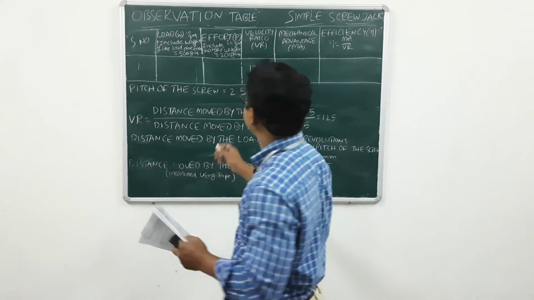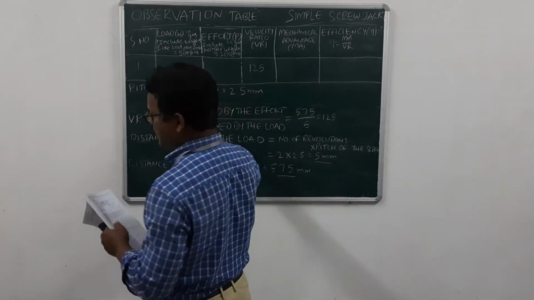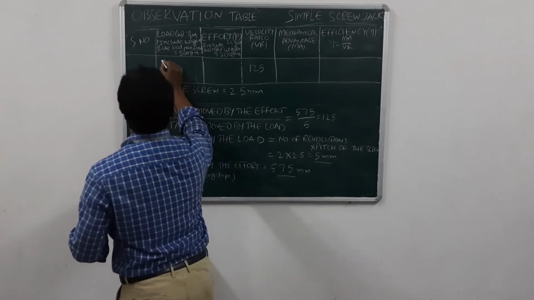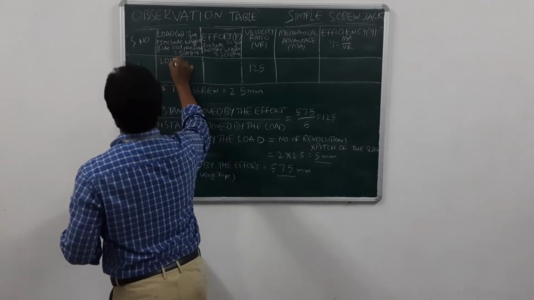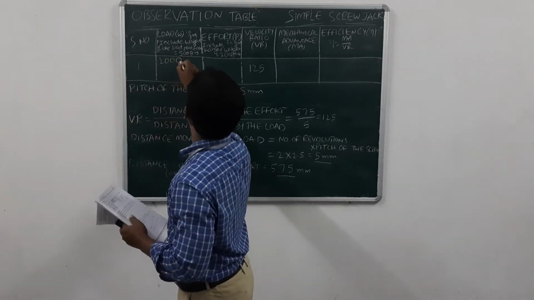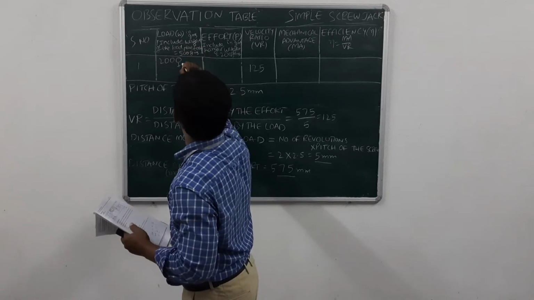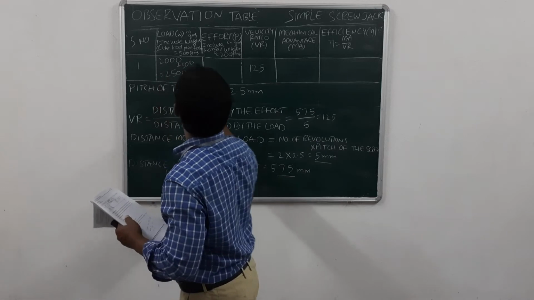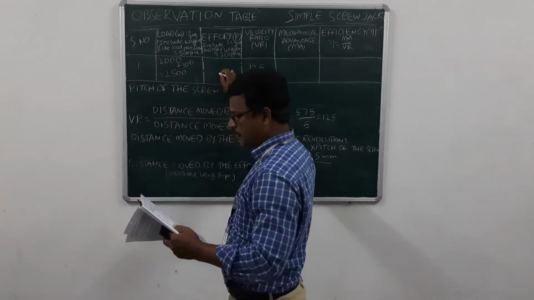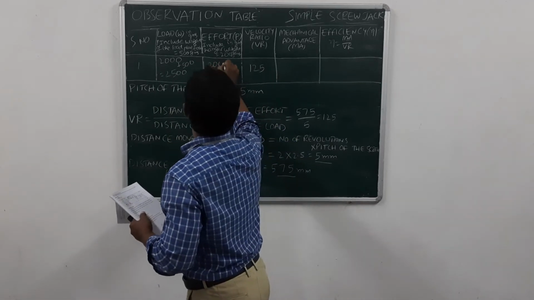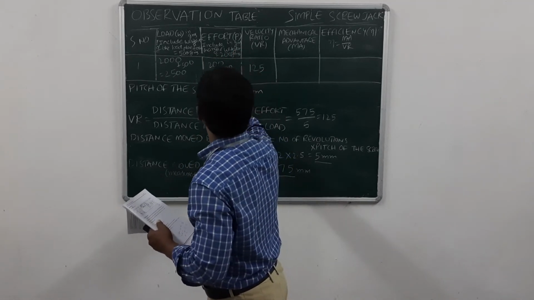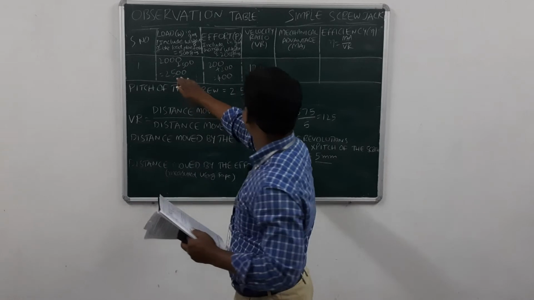I note down the values of load and effort from our experiment. The load value is 2000 plus the weight of the load platform, 500 grams, so the total is 2500 grams. The effort value is 200 plus hanger weight 200, total 400 grams.